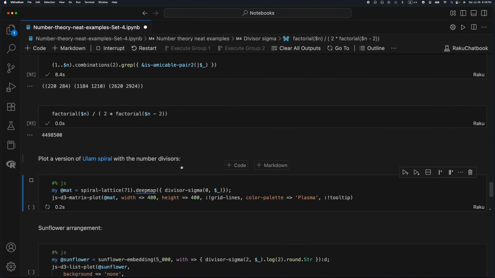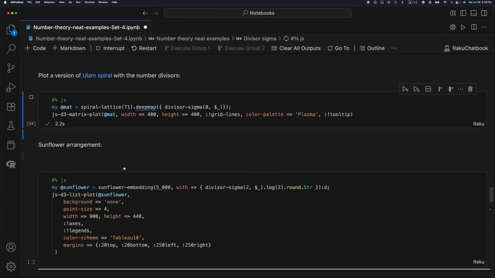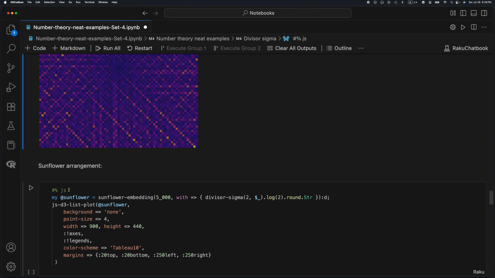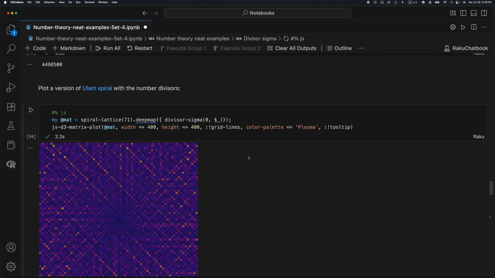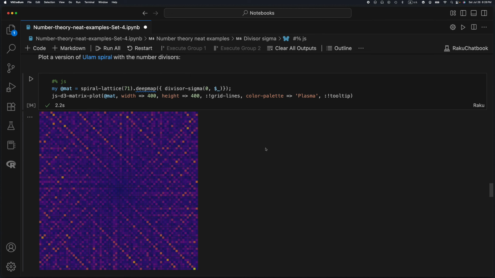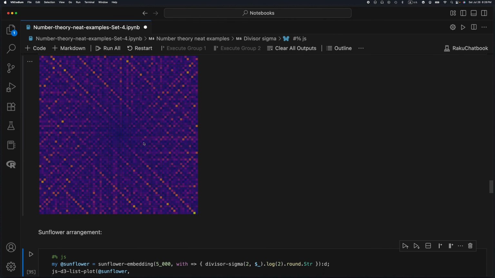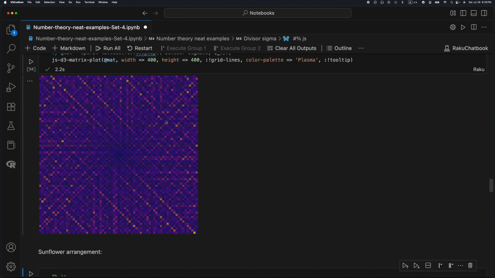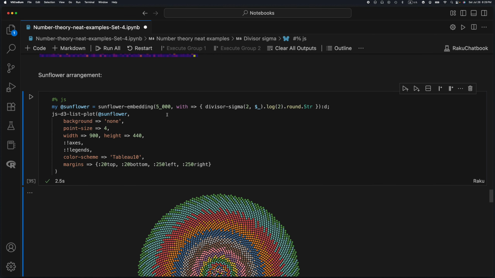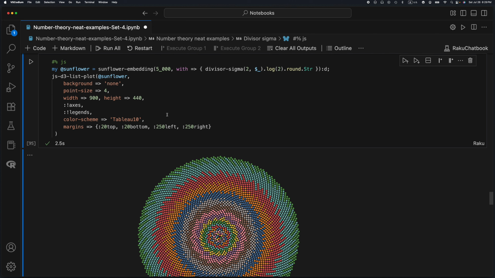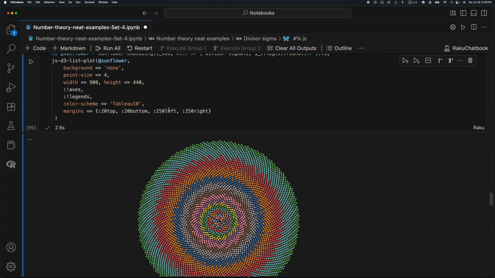We can also use the Ulam spiral, as earlier discussed, or the sunflower embedding. The sunflower embedding is probably more compelling. With the Ulam spiral we actually see some patterns which you usually see with the primes, but it is used so much that I'm not going to focus on it.